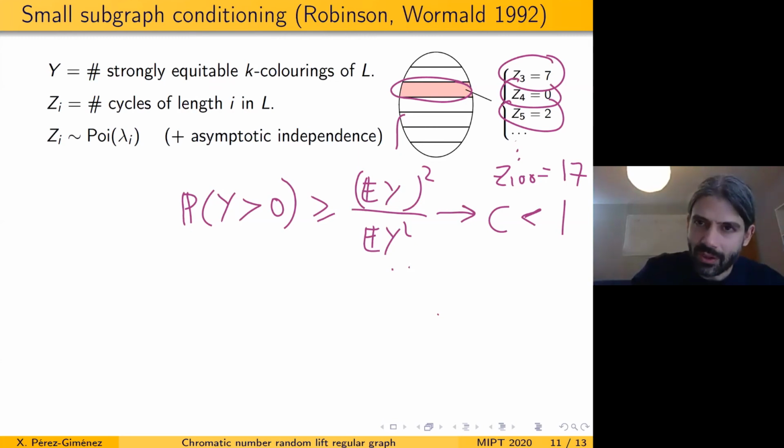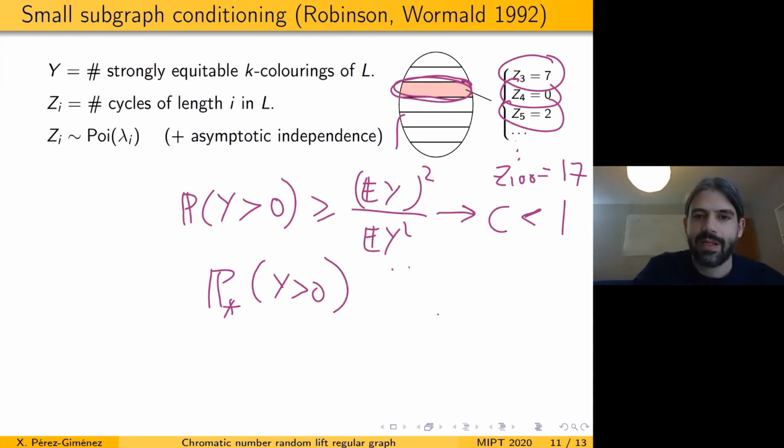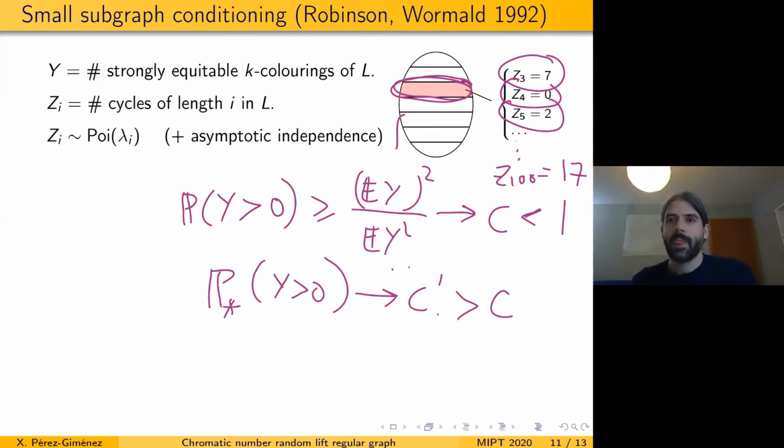If I condition on those things, and I look at this slice of the probability space, in this conditional probability space, it turns out that the probability of having a proper coloring is asymptotic to a different constant, but it's closer to 1 than C.